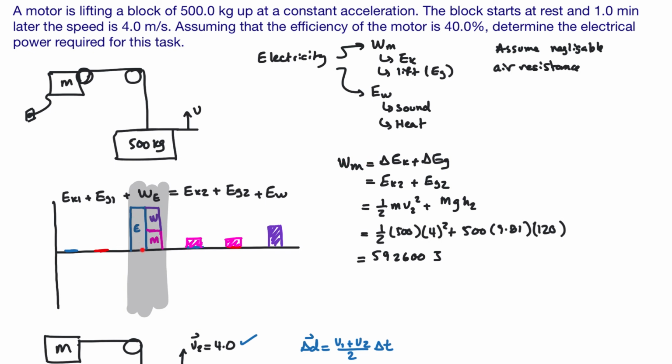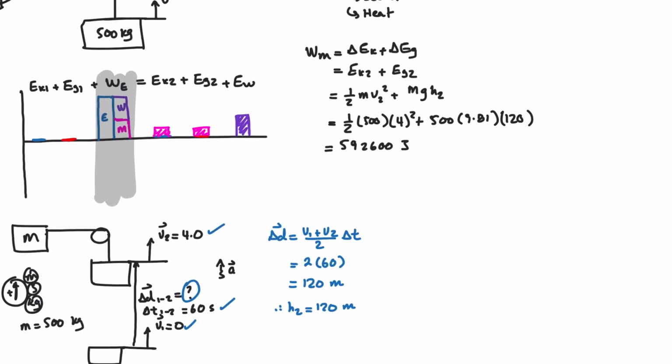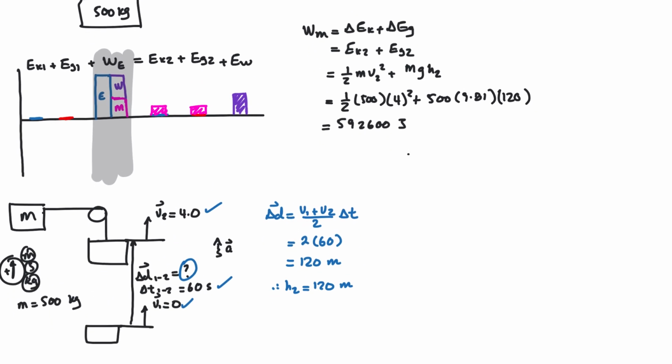I can right now find the work done by the electricity right away because I have the 40%. And I know the amount of time it took for the whole process. That's 1 minute, and I can use that to find the power required. So let's do that. I know that efficiency is going to equal the work done by the motor, so that's the useful energy, divided by the input energy, which is from electricity.